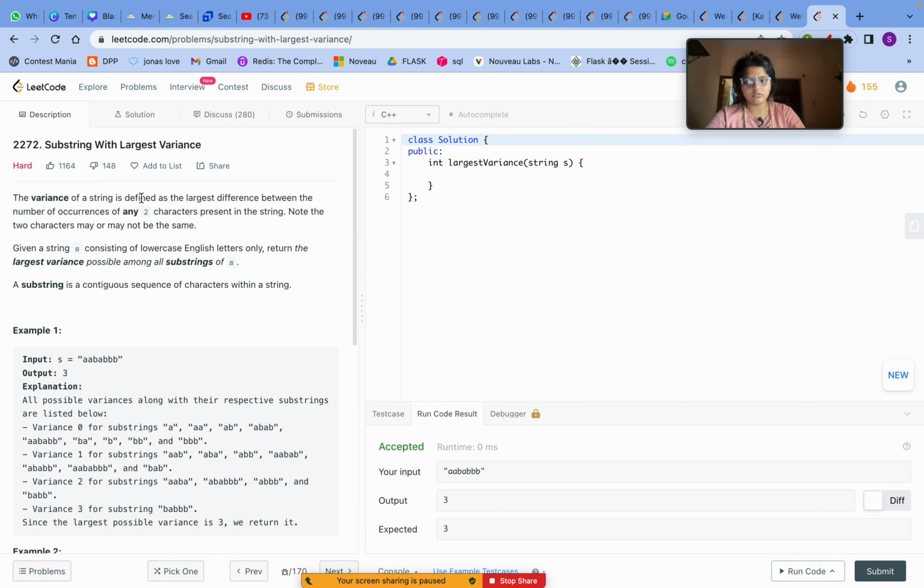In this question you can see many substrings, but your answer is 3, as your answer is BABBD, in which B occurs 4 times and D occurs 1 time, and 4 minus 1 is 3.